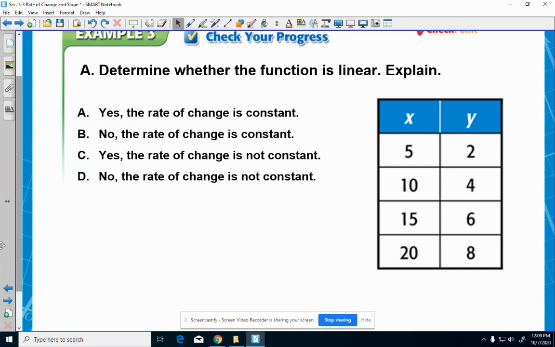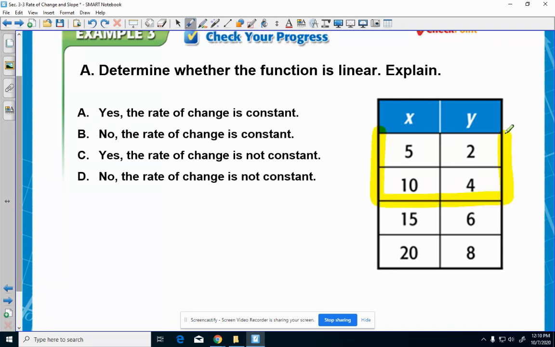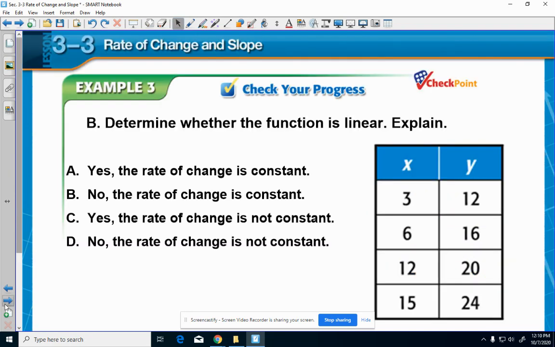What makes you say that? Oh, hold on. Not 5 over 2, 2 over 5. Remember, you're changing y over your change in x. So that result there is 2 over 5, right? That one's 2 over 5. That one's 2 over 5. So yes. Okay. Change in y over change in x.